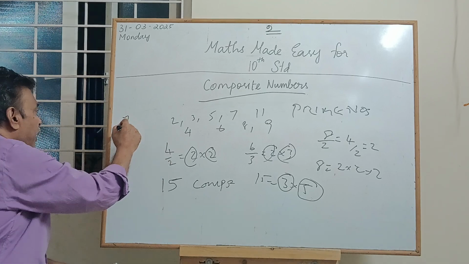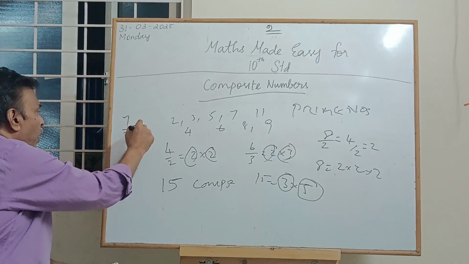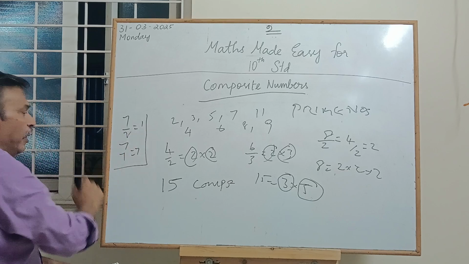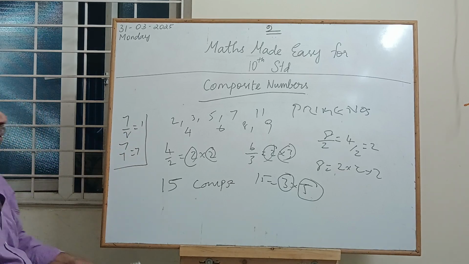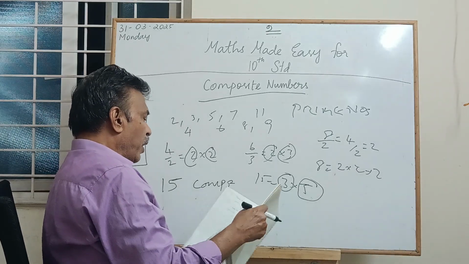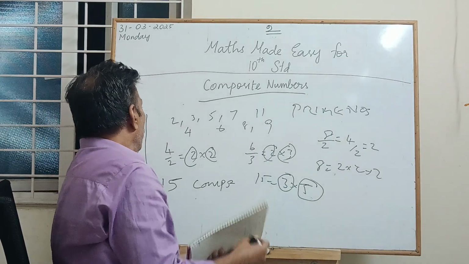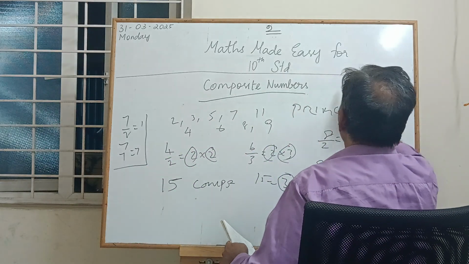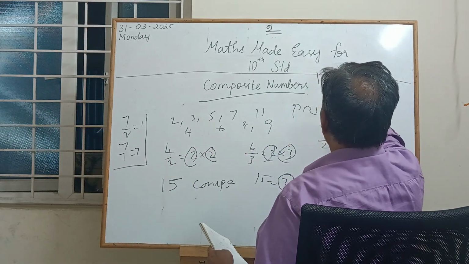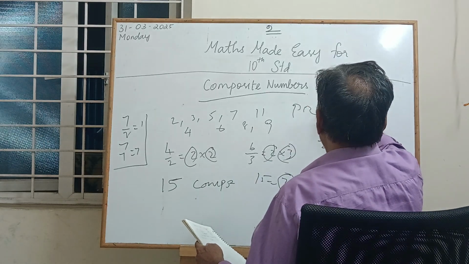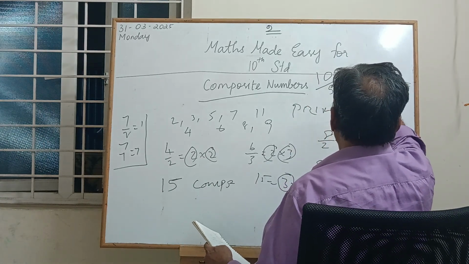That is, 7 by 7 equal to 1, 7 by 1 equal to 7. But in a composite number, you can have more than 2 factors. Suppose you take this number 105. 105 can be divided by 5, this is equal to 21.